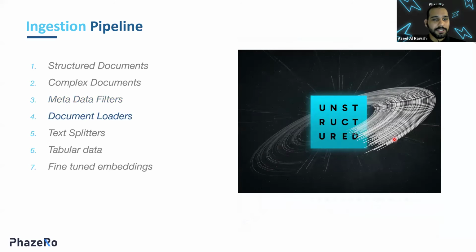Another component is the document loaders, and we have industry leader Structured IO in terms of loading the document and parsing the document in our ingestion or in our vector store.